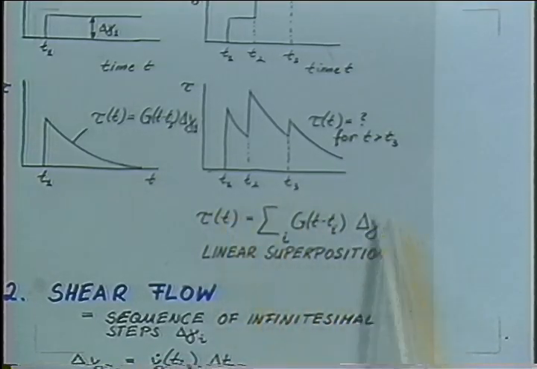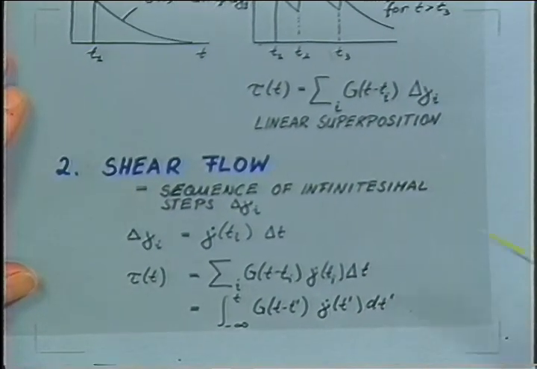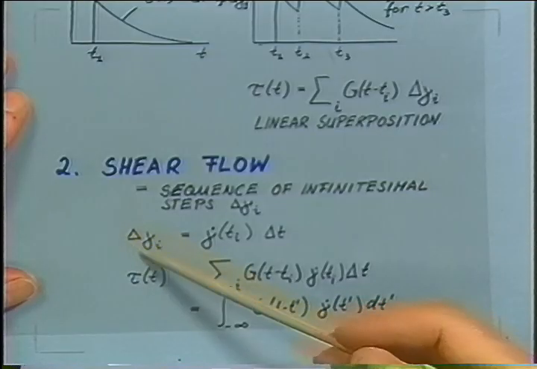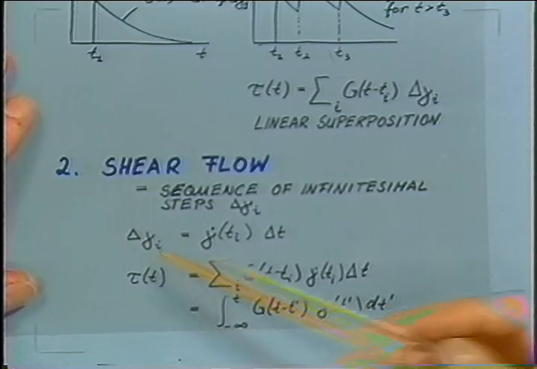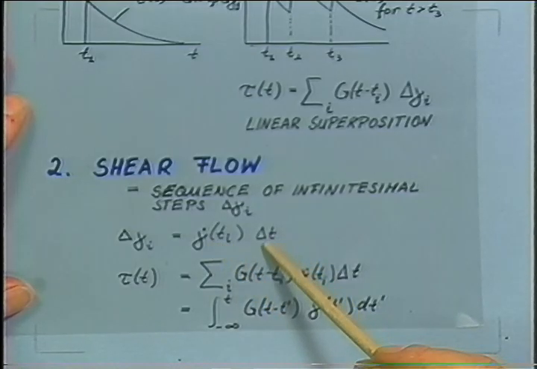Now, this equation can be transformed in the following way, so that we are able to describe shear flow as a sequence of many infinitesimal strains. We would say a little step strain, delta gamma i, is introduced at a finite rate, finite shear rate, over a small time interval delta t.